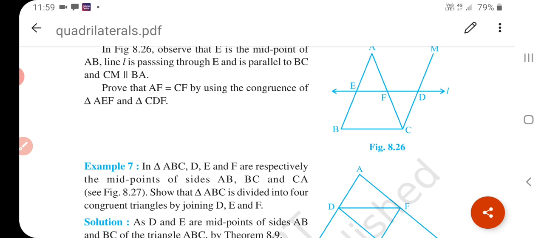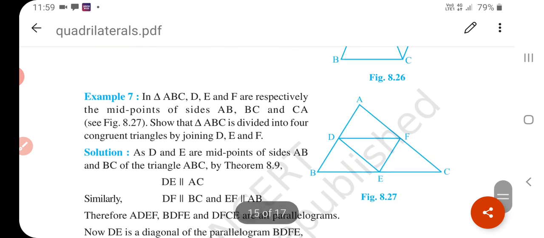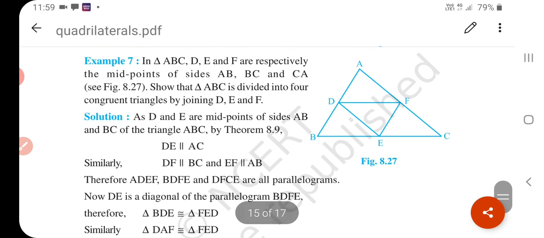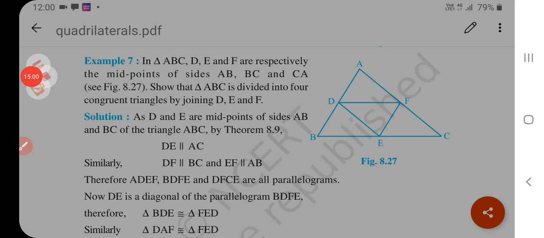Okay, understand? So what type of questions are coming? Let's see example number 7. Read it. What is example number 7?